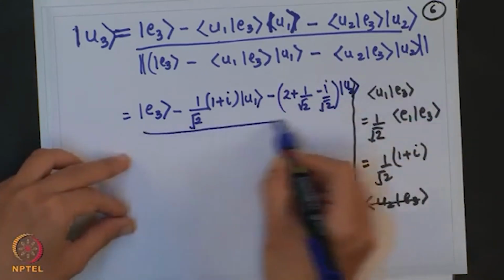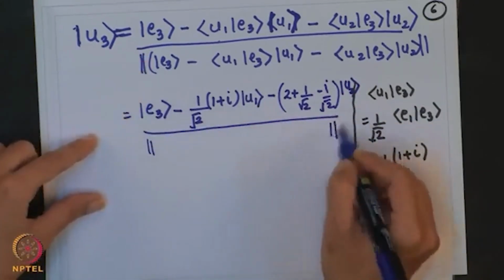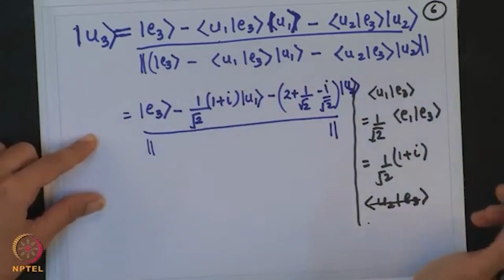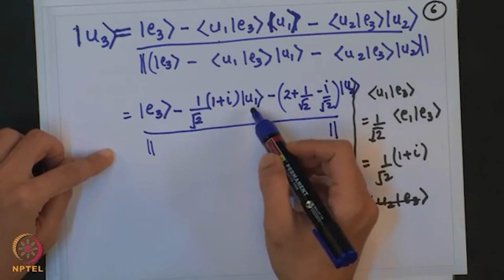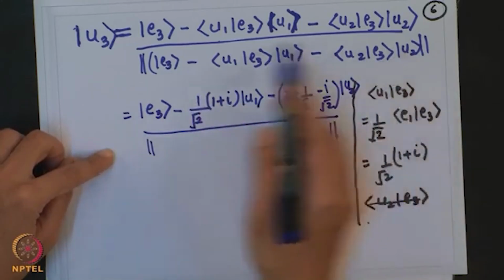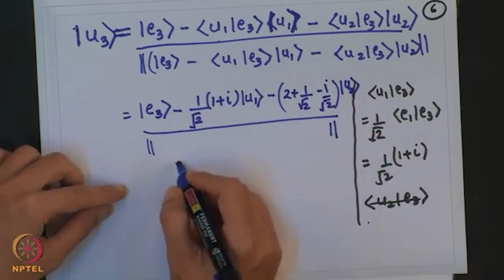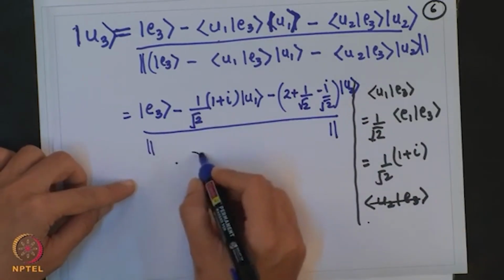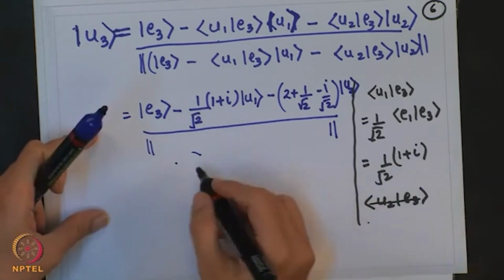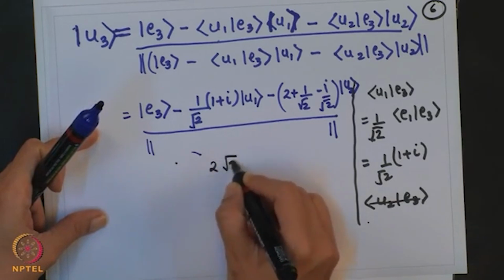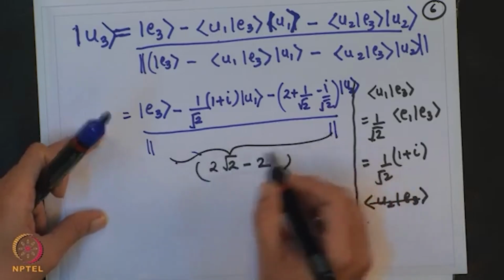Okay. So, this is the numerator, denominator will be the norm of this quantity. Okay. And now on further simplification, when you simplify this further and find out the norm, you have to explicitly solve this, this will come out to be 2 root 2 minus 2. So, this is this norm.